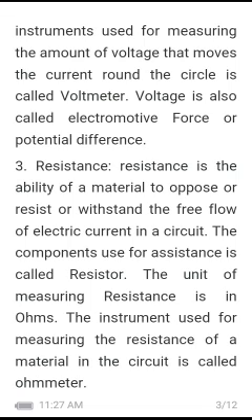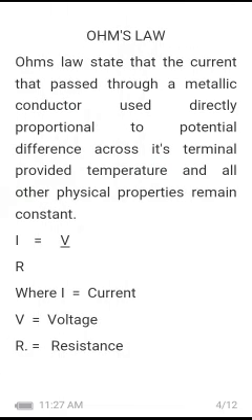The higher the resistance, the lower the amount of current that flows in the circuit. You will learn more about that as we continue. So the unit of measuring resistance is the ohm, and the instrument used is called an ohmmeter.